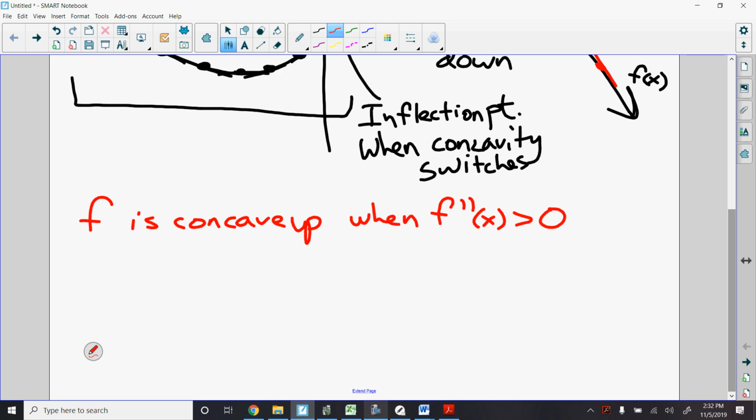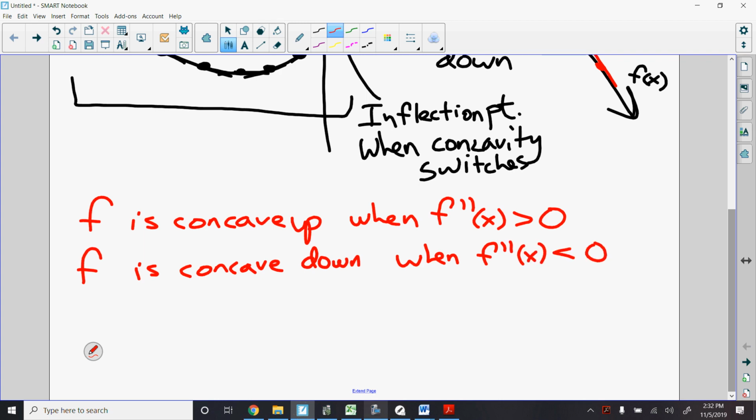Okay? The reverse then is also true. F is concave down when f double prime is negative, less than 0. Okay.